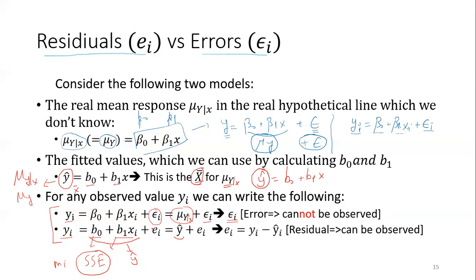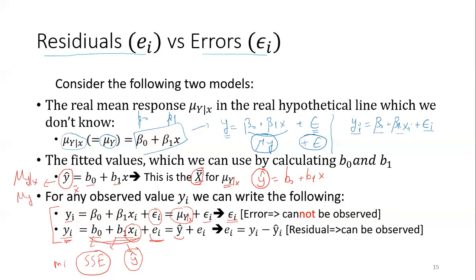Plus now I don't write epsilon i, but I write ei, right? So Mehmet's height is equal to the estimator y hat, the estimator of the average height of people at this height, plus Mehmet's own error term.